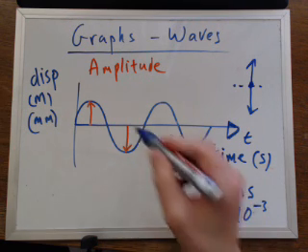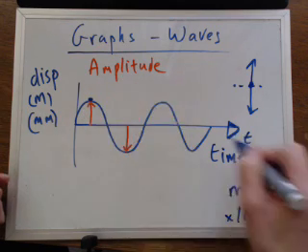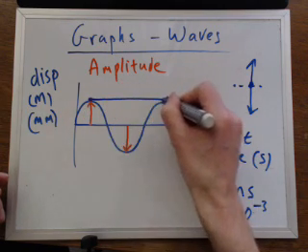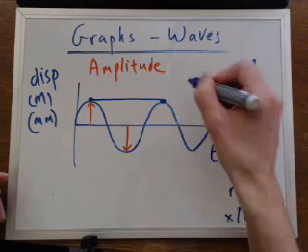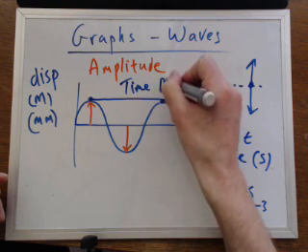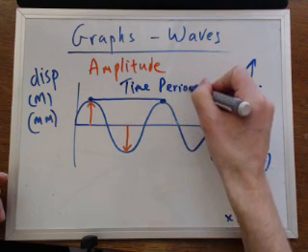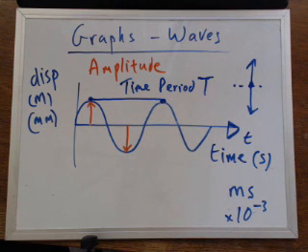Also, the time between two peaks, if it's a time graph, is known as the time period T. That is the time for it to repeat itself in the cycle.